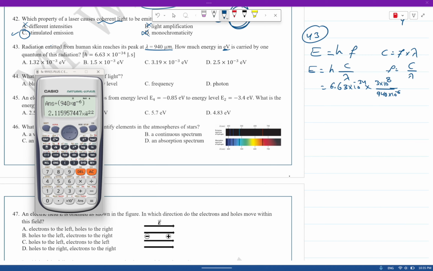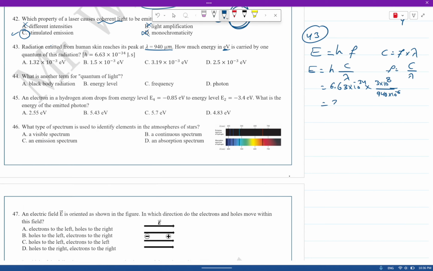The answer is 2.11, or whatever. By rounding it up, of course, we can say 2.11 times 10 to the power negative 19 if we want to. That is going to be in joules.